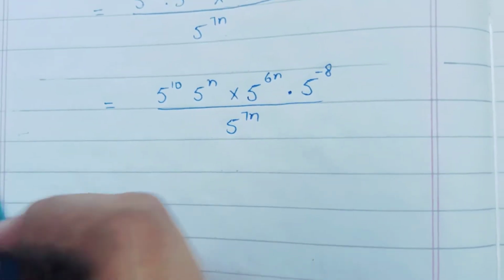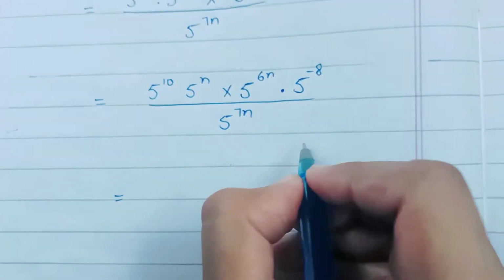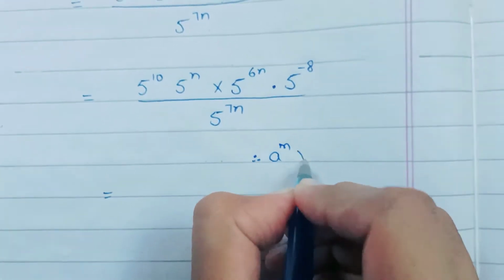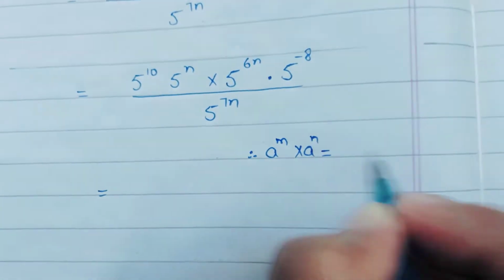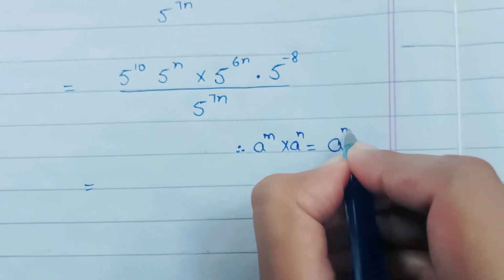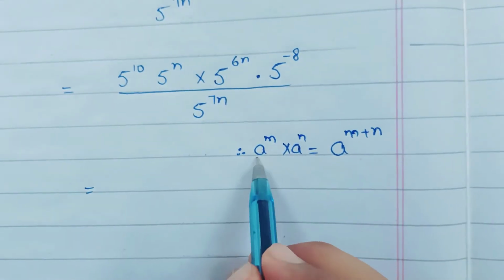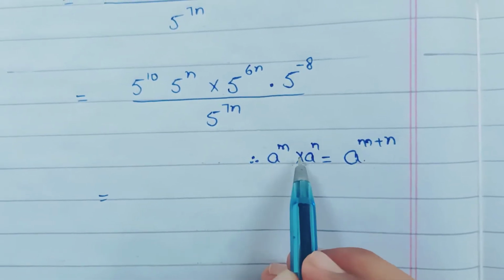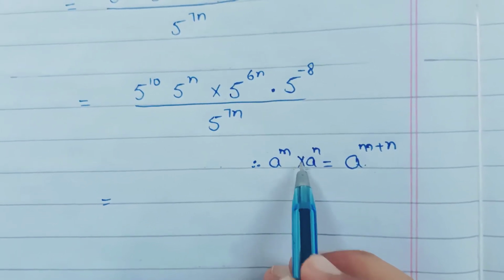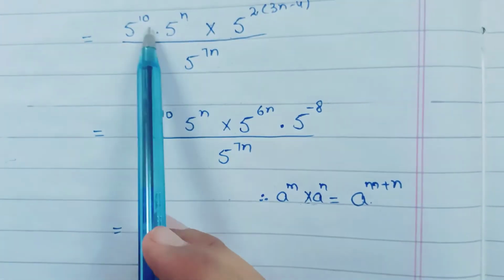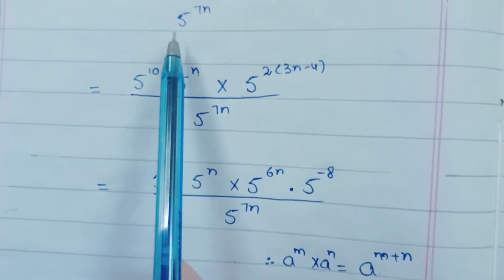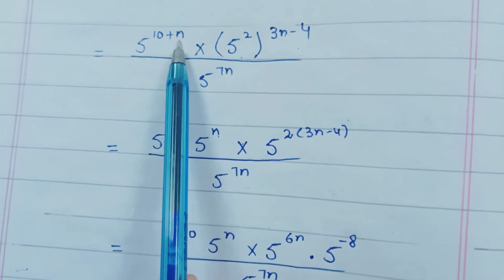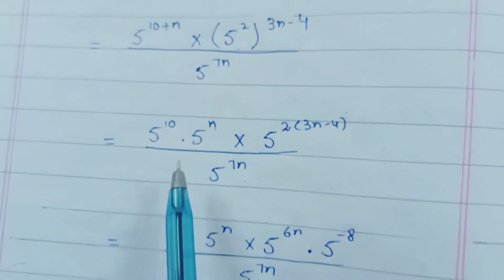Here we have used the formula a raised to power m multiplied by a raised to power n is equal to a raised to power m plus n. If this one side is equal to this, then obviously this one side is equal to this. So this is the reason I have separated these exponents. You can see here powers are added, so reason behind it is this.